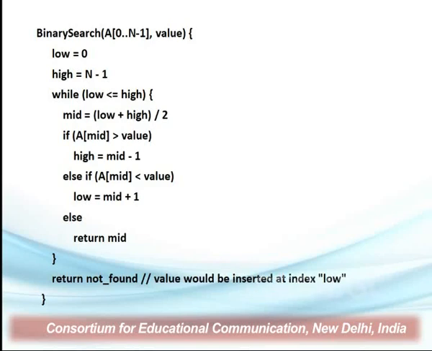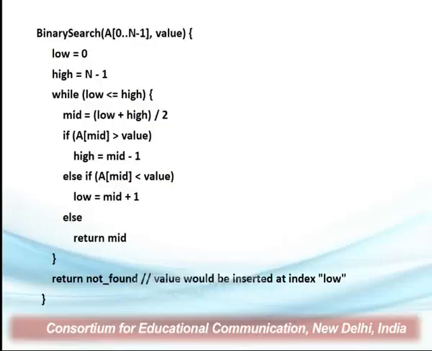We will find the mid, and the strategy to find the mid is low plus high divided by 2, that means we are taking the middle index. Then if the mid element is greater than the value, that means we need to look in the first half. So our high, which is the last index, becomes mid minus 1. Now our new array in focus will be 0 to mid minus 1.